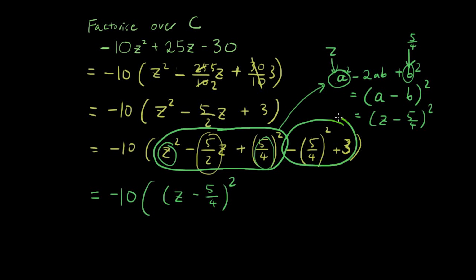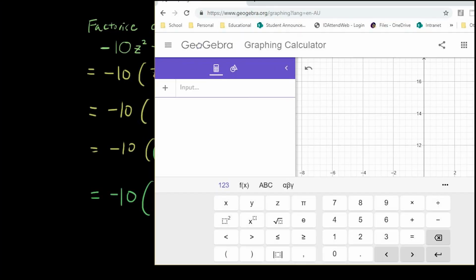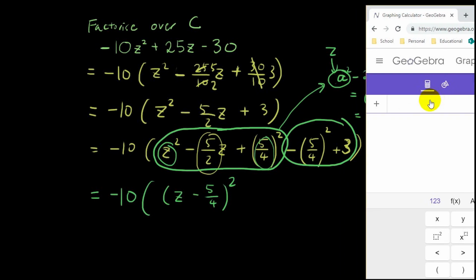If you don't want to do that part, just hit it in the calculator. It's okay. So I'm just going to type that into my calculator: negative 5 over 4 squared, and then plus 3.